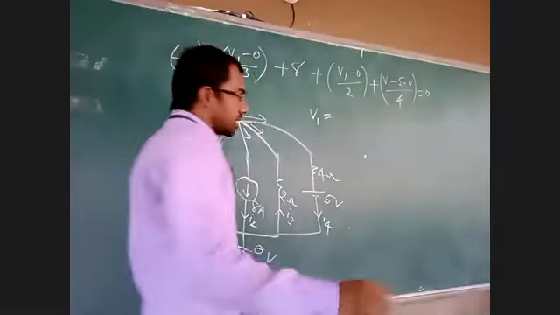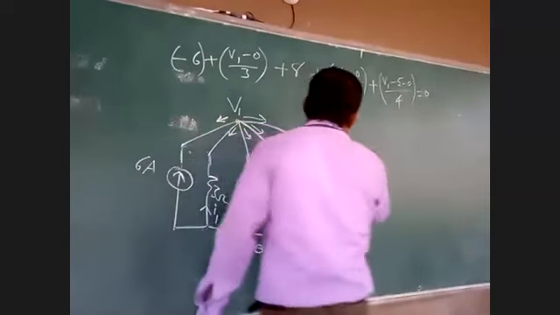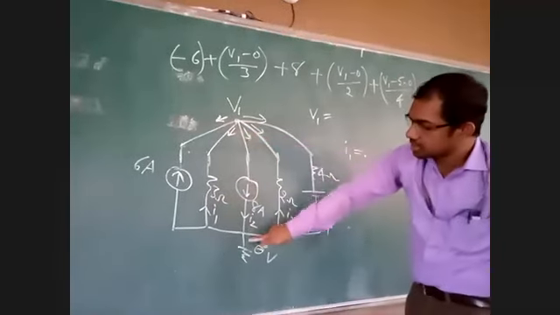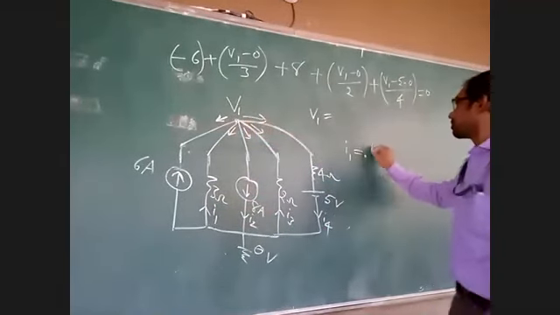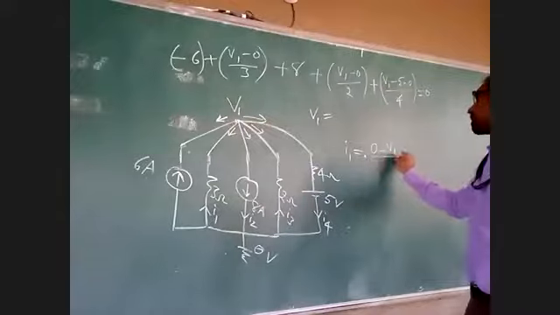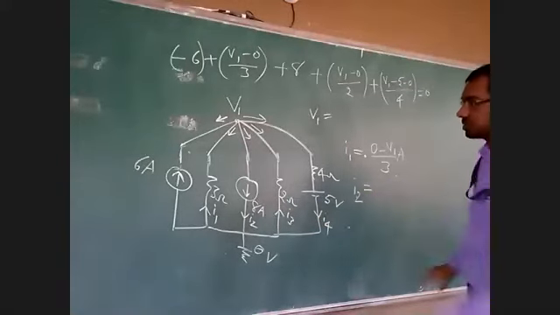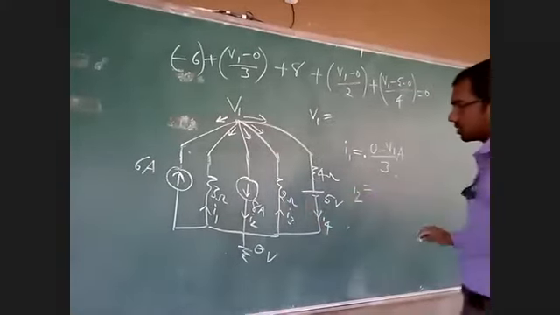Next, you can do it at home. What is I1? I1 is flowing in the upward direction: 0 minus V1 by 3. What is I2? I2 is 8 ampere only. Don't take this side. I2 is 8 ampere.